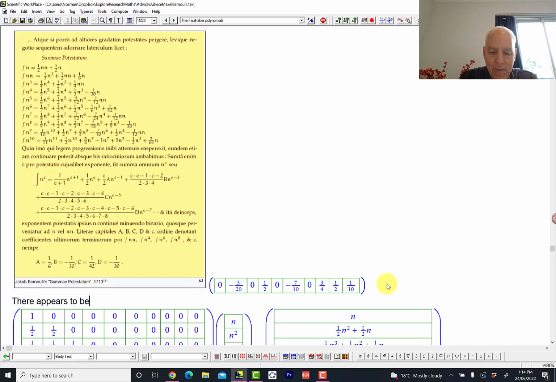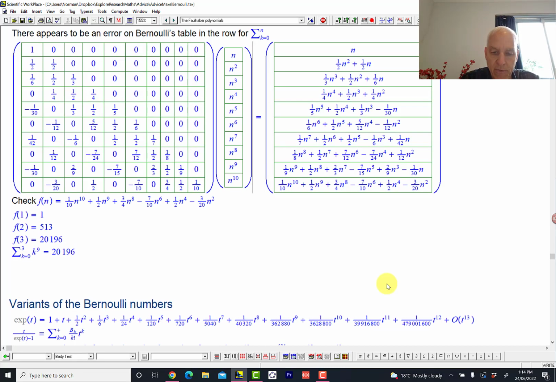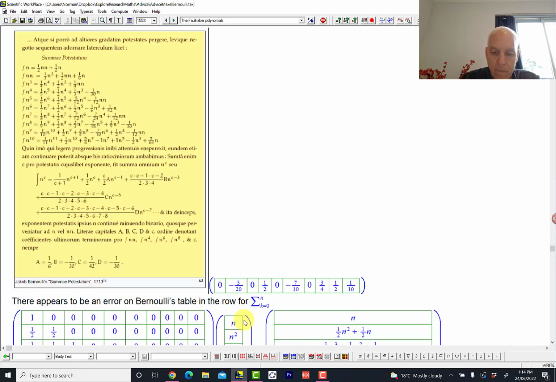There appears to be a, well, let's not say a discrepancy. Let's be honest. It's an error in Bernoulli's table in the row for the sum over i equals 0 to n of i to the 9.